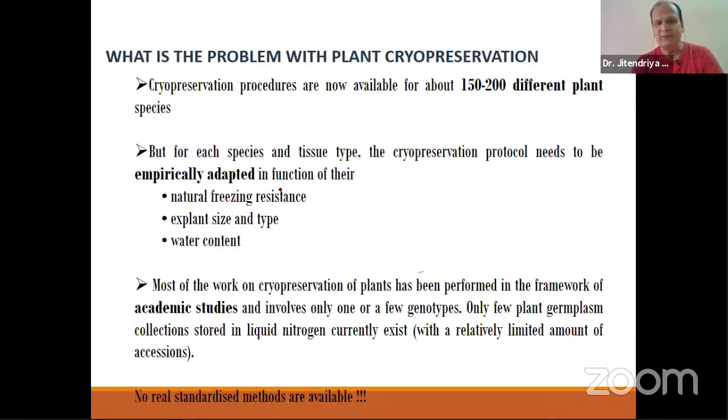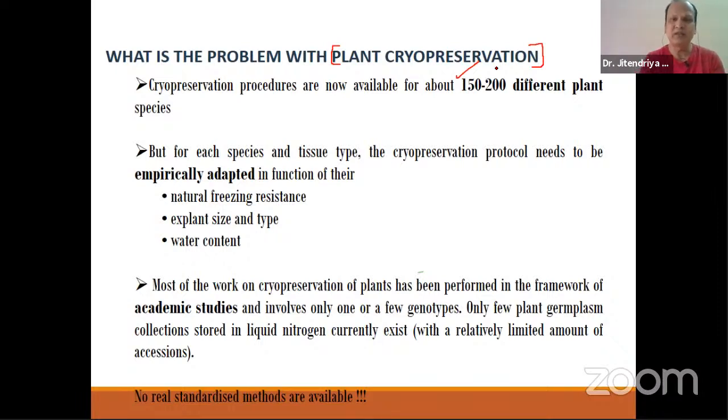But what is the main problem with plant cryopreservation? You might think there might be certain problems, yes. Okay, cryopreservation is mostly available for different plant species, 150 to 200 have been added to this cryopreservation technique.